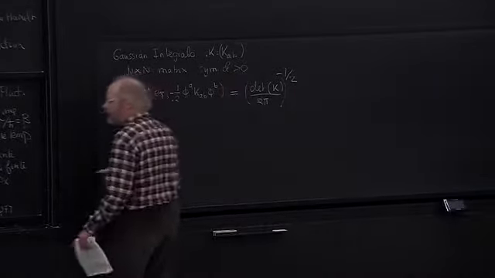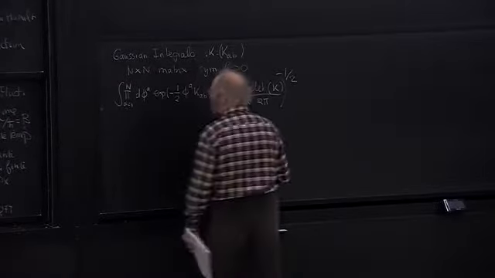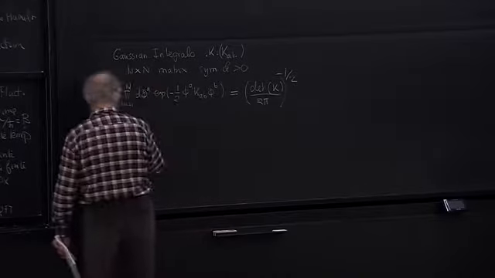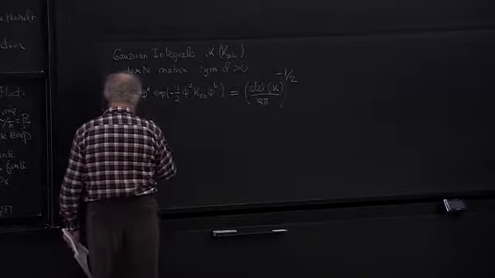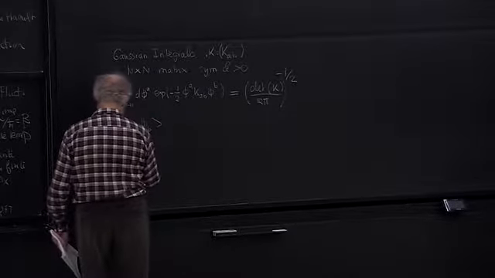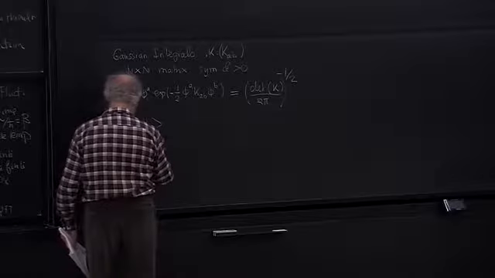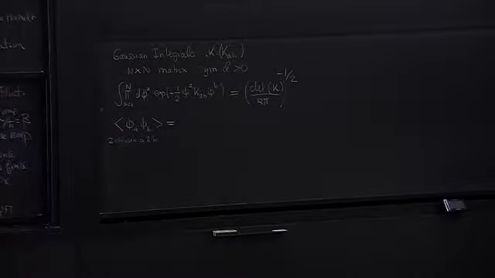Now, this is a finite dimensional Gaussian integral. If you want to compute the expectation value of phi_A phi_B for two chosen A and B, which is given exactly by this integral, this is the expectation value of this with this measure.